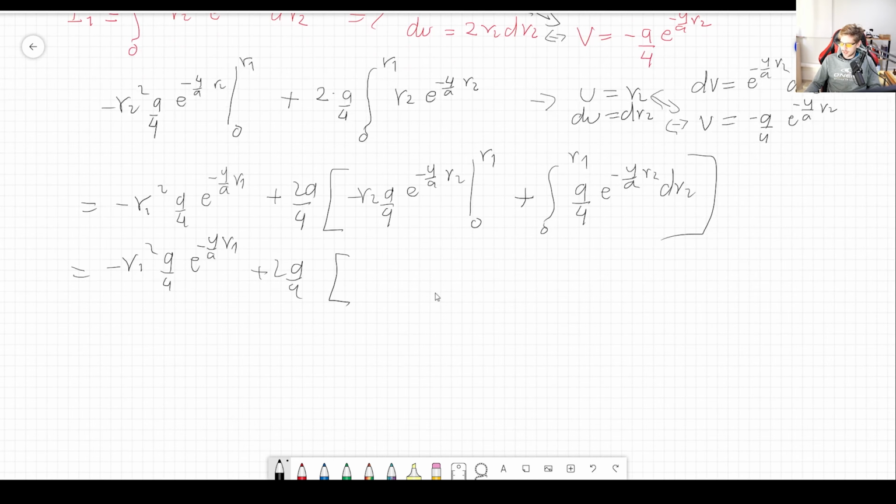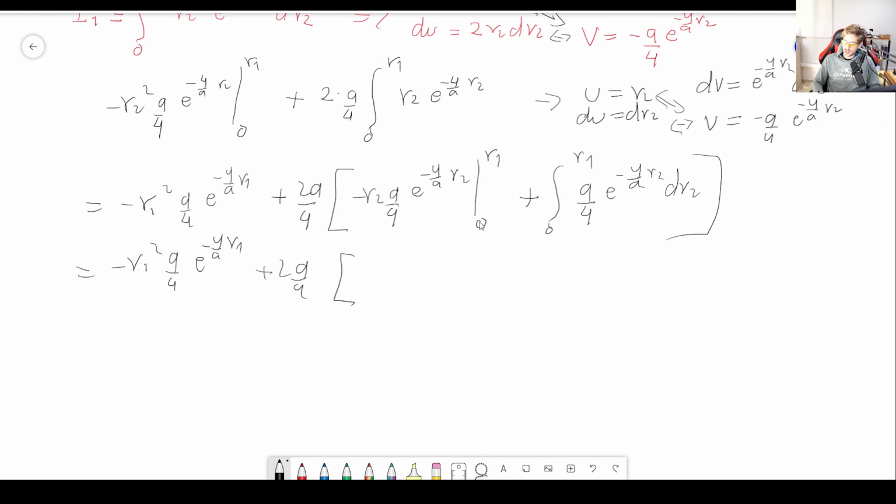Now we evaluate this at R1. When we evaluate it at 0, it's going to be 0 again. So we get minus R1 a over 4 e to the minus 4 over a R1. And then we get minus, when we integrate this, a over 4 squared e to the minus 4 over a R2 evaluated between 0 and R1.